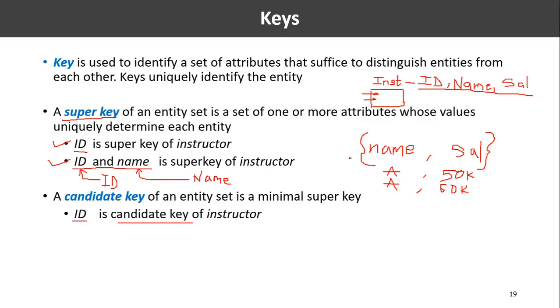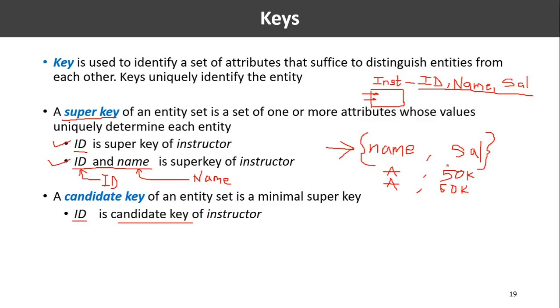With this assumption, if name salary is also one super key, now let us try to find out whether this super key is the candidate key. Now if we consider this super key, according to our definition, candidate key is a minimal super key.